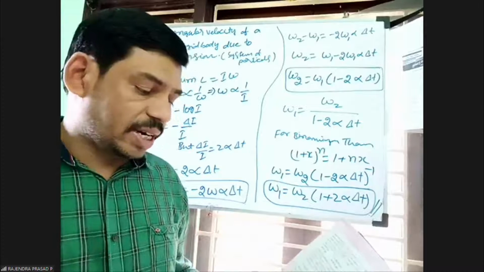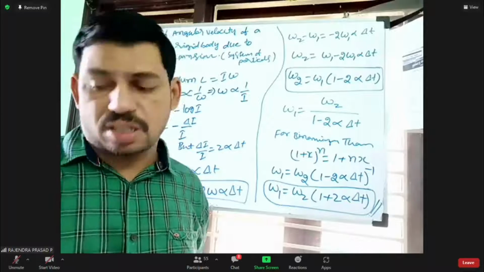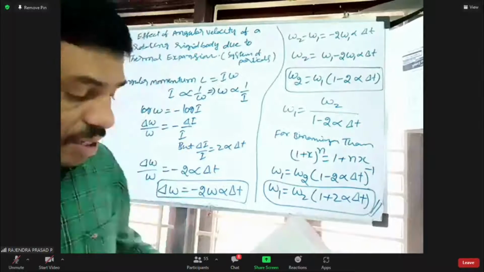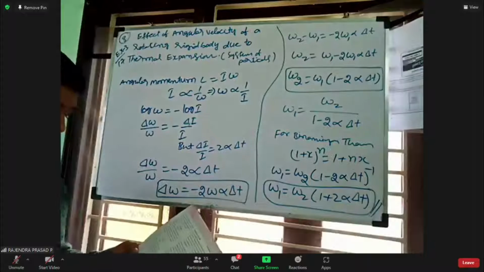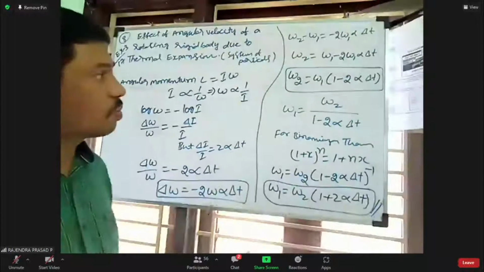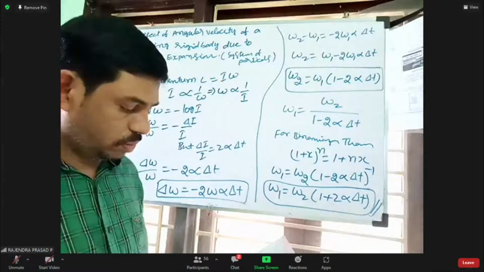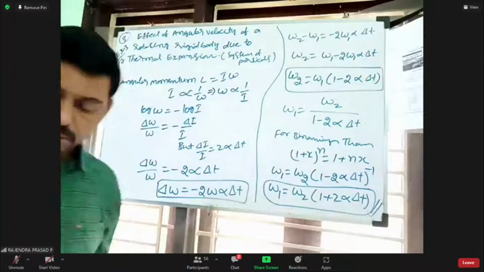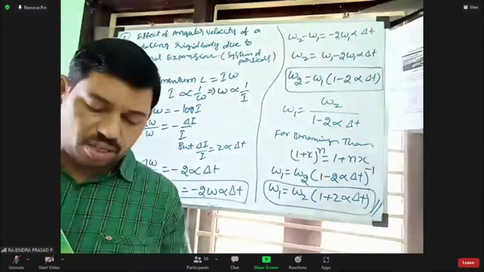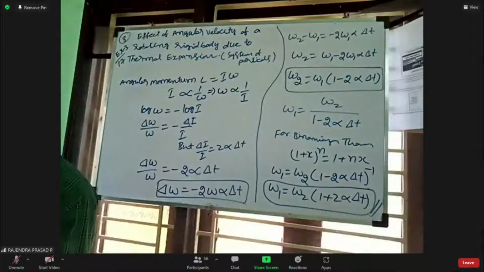When it is heated such that its temperature increases by delta t, the angular velocity becomes?